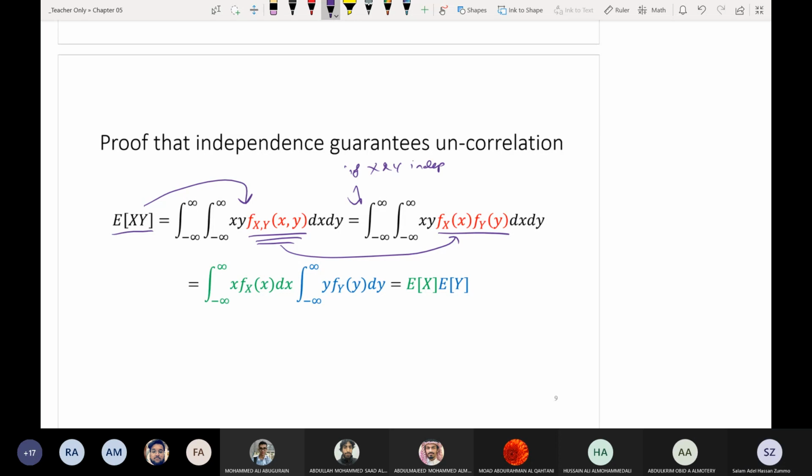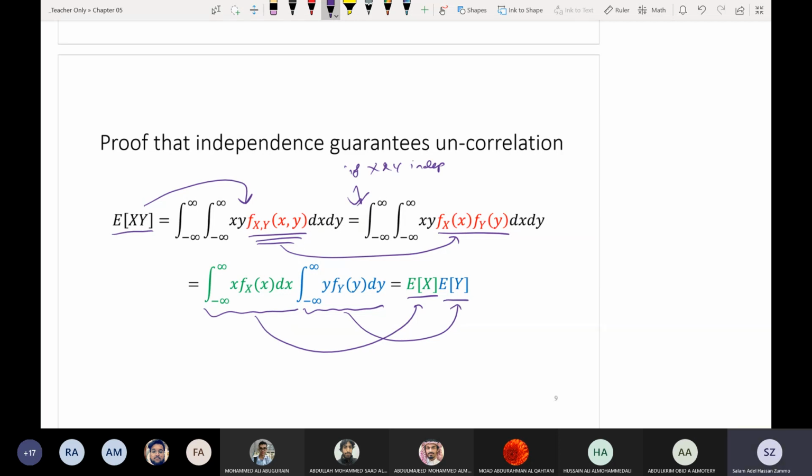This allows me to separate the double integral into one integral with respect to x multiplied by another integral with respect to y. The first integral is nothing but the expected value of x, while the second is the expected value of y.